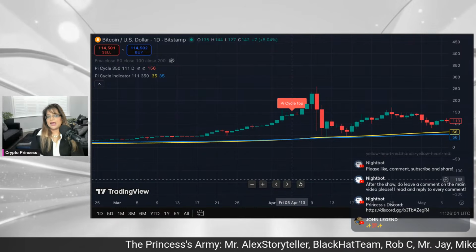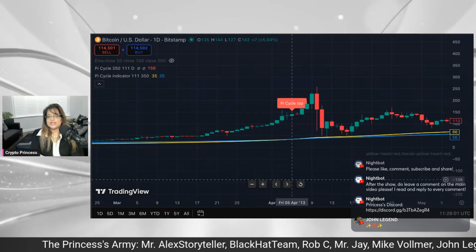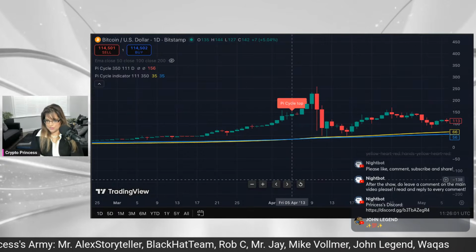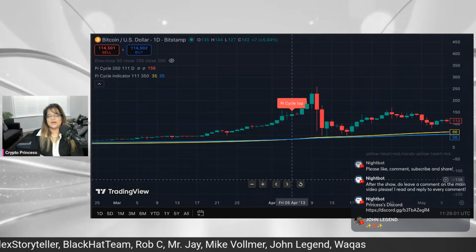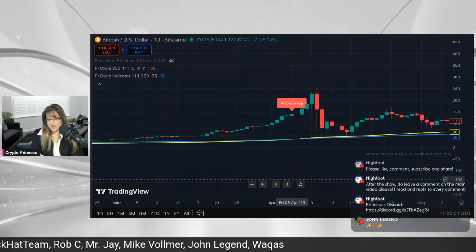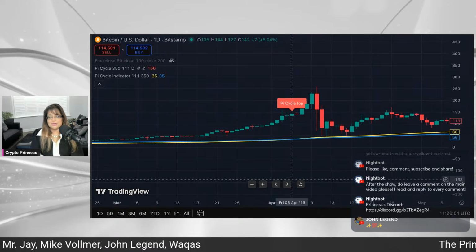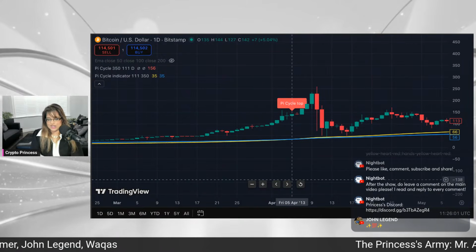This triggered panic selling as traders couldn't buy or sell normally, amplifying the price decline. Overheated market, and it was just a liquidity crunch.